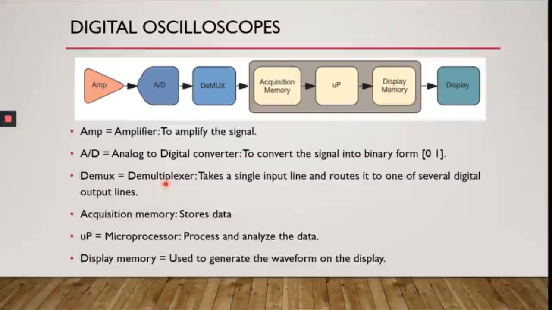We have a demultiplexer to route the input into the relevant digital output depending on what we want to display and what we want to process. We have the acquisition memory, which is going to store the data. We have the microprocessor which is going to process and analyze the data. And we have the display memory that is going to generate the waveform on the display. Okay, so this is a simplified explanation of a digital oscilloscope.